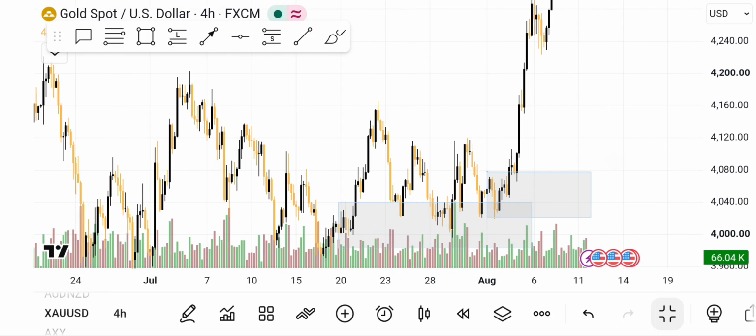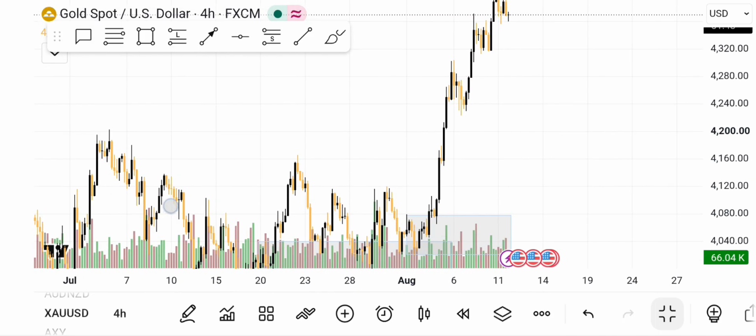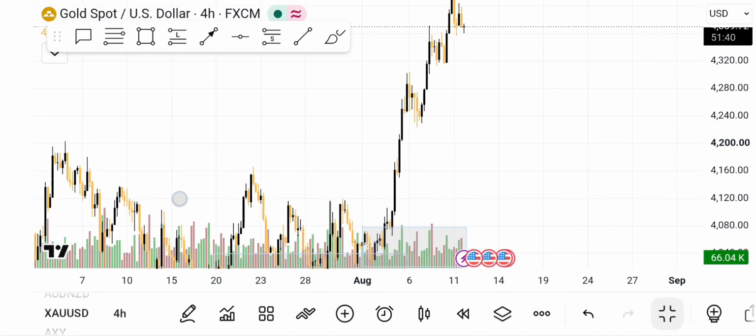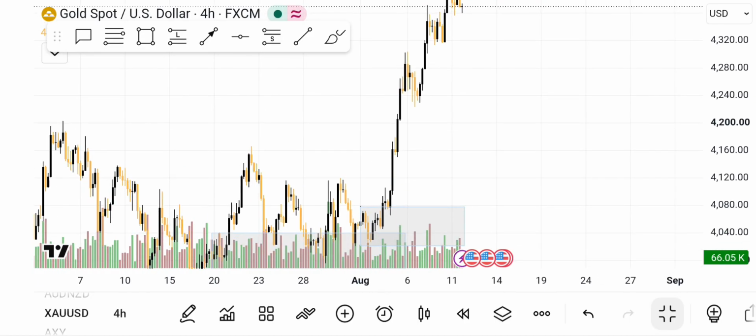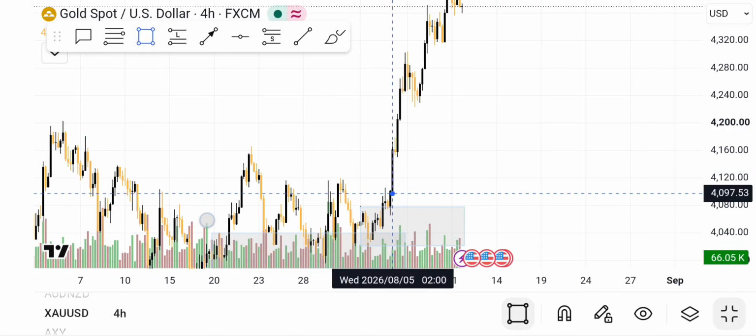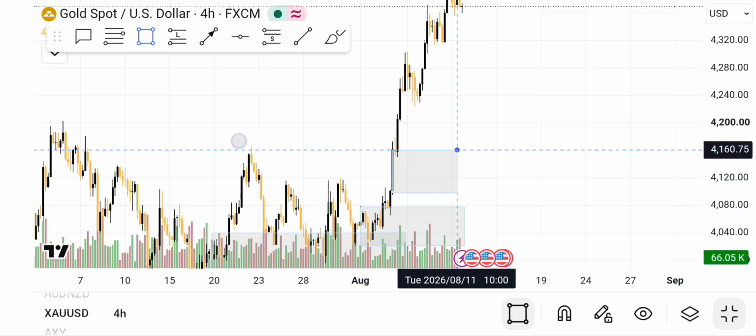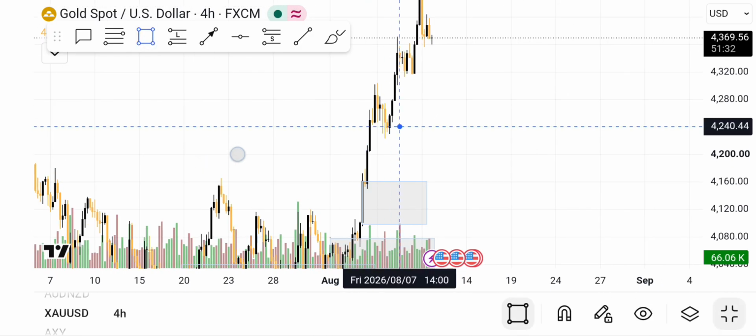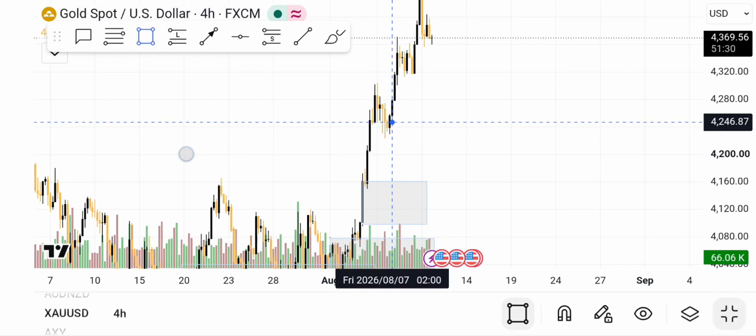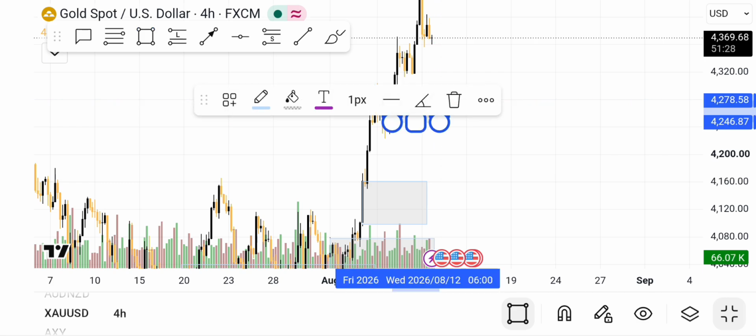So let me just quickly cover my analysis on 4 hours. This is a buy zone area. This is a buy zone area.